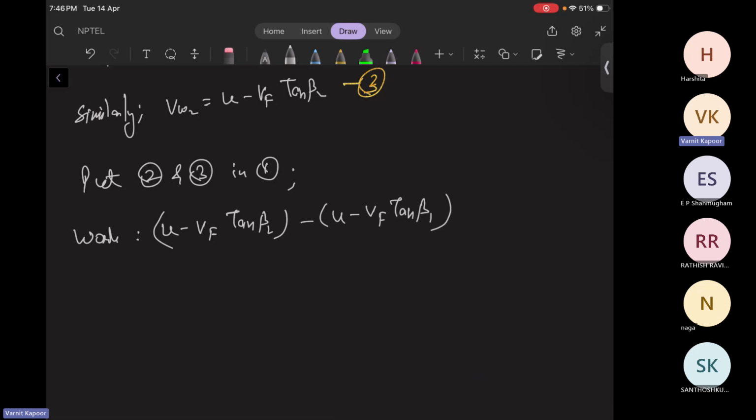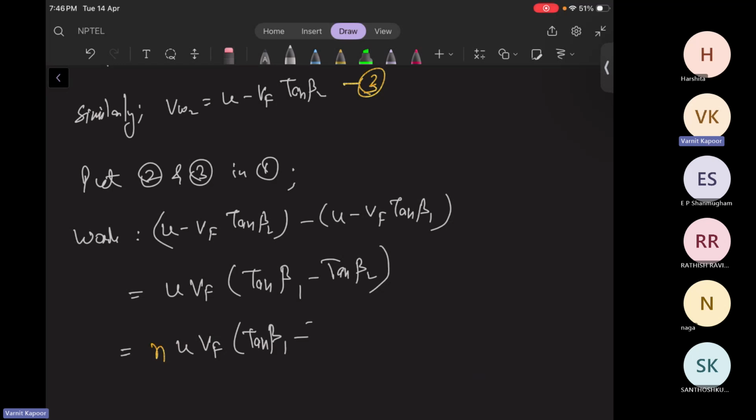Okay, so it will be U times VF into tan beta 1 minus tan beta 2 per stage. And this is for each stage. For n number of stages, it will be n times U VF into tan beta 1 minus tan beta 2. Okay, that will be your total work.